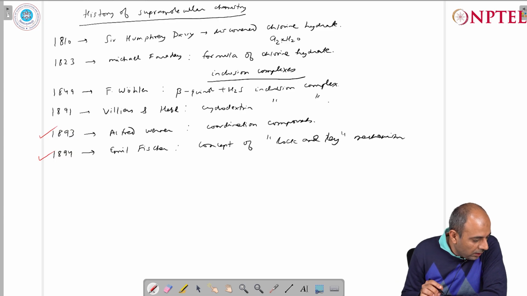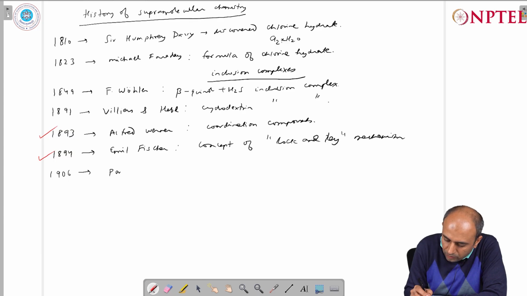And then came the introduction of the concept of a receptor by Paul Ehrlich.